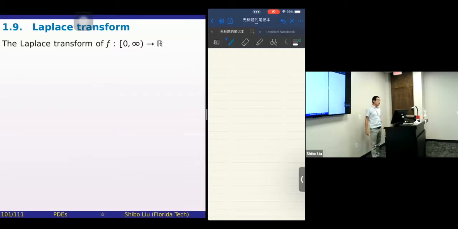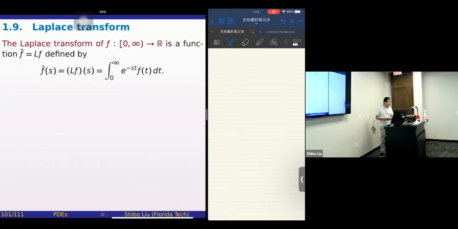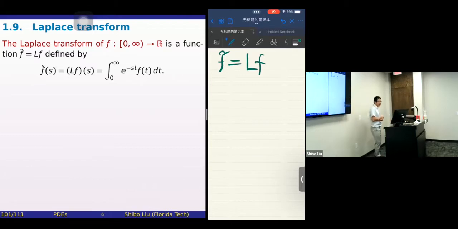For the Laplace transform, the function is defined on the positive axis, the interval 0 to infinity. Then we will obtain a new function, denoted by f tilde or denoted by Lf. The variable of f is t, but the resulting function f tilde, called the Laplace transform of f, has its variable denoted by s.